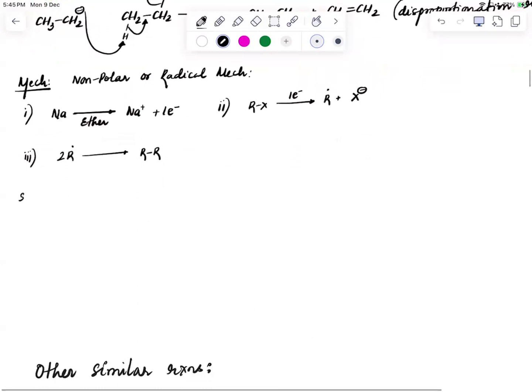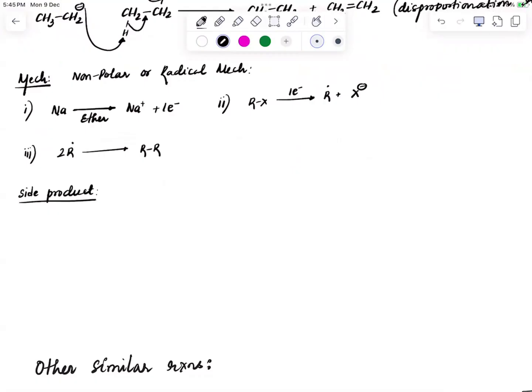Here also the side product could be the same side product. The side product can also be explained as the disproportionated form, with an example here: CH3CH2 dot plus CH2H and CH2X dot.